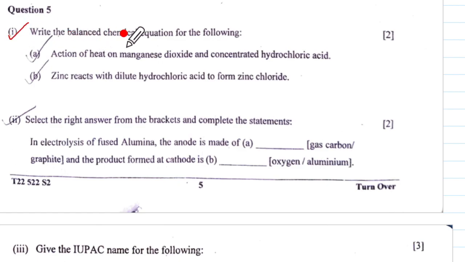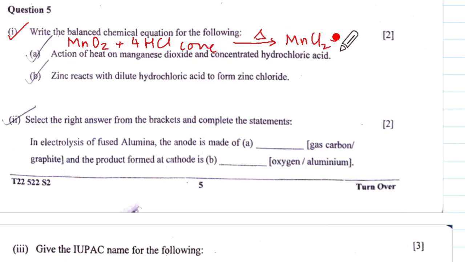The first one will be write the balanced chemical equation for the following. The balanced chemical equation, action of heat on manganese dioxide, means it is going to be your MnO2 plus concentrated hydrochloric acid will have 4HCl concentrated, and that with heating gives us MnCl2 plus this H takes this water, so 2H2O, and Cl is left by itself because hydrogen is removed from this HCl.